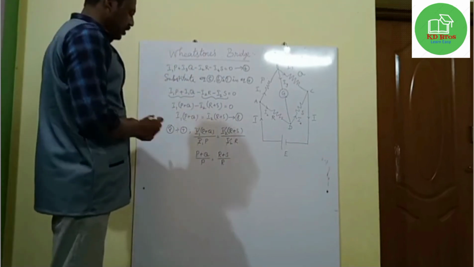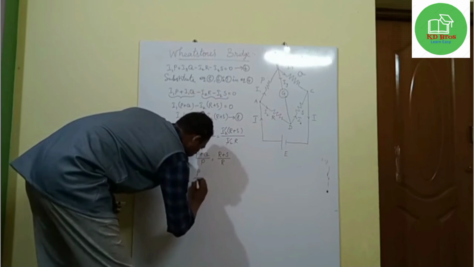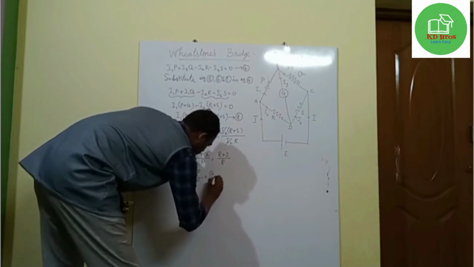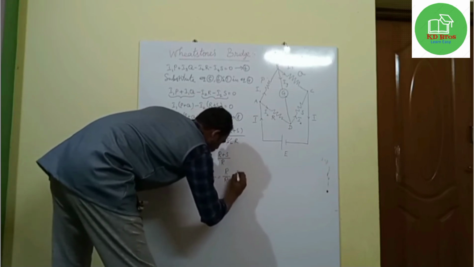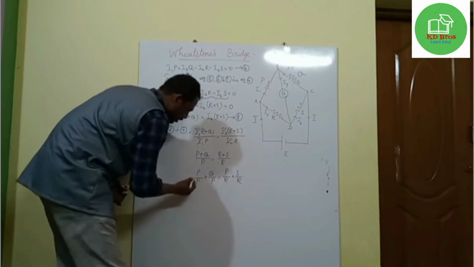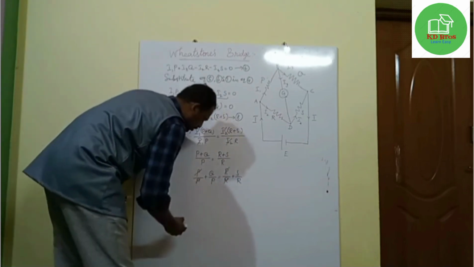Now we have to split this equation. P divided by P plus Q divided by P is equal to R divided by R plus S divided by R. Then P by P and R by R get cancelled. What about the remaining?